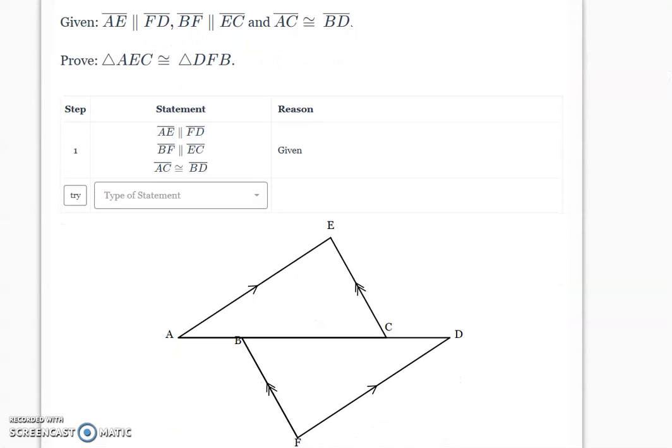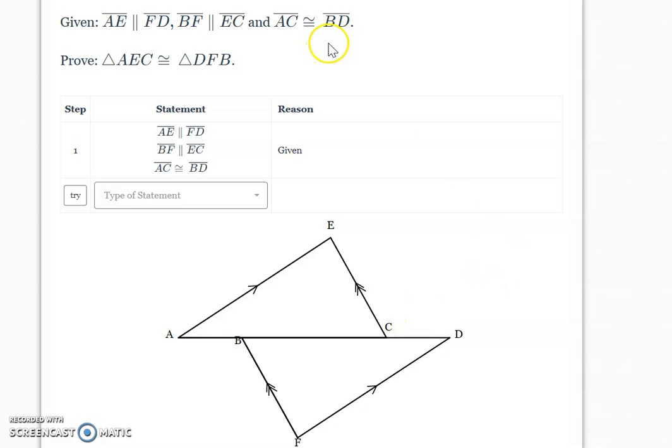Okay, so let's see what information we have here. Now, these triangles are not lined up, but here we go. We know that AE is parallel to FD. We know that BF is parallel to EC, so this piece is parallel to that piece.